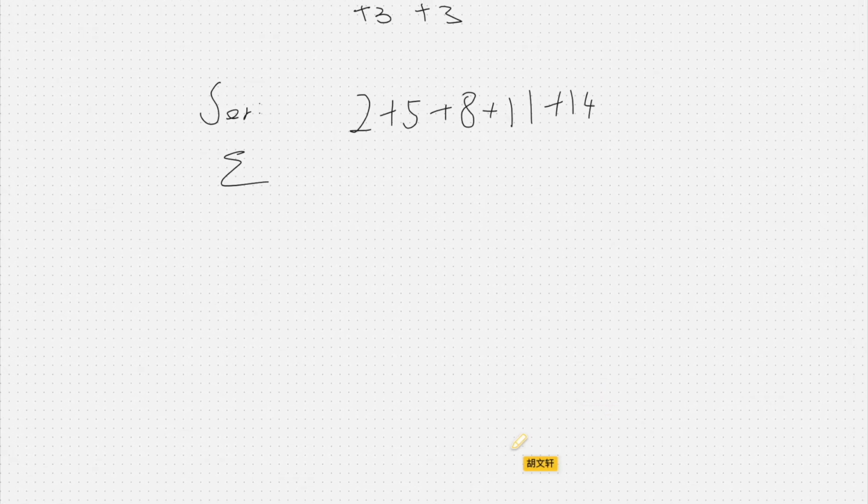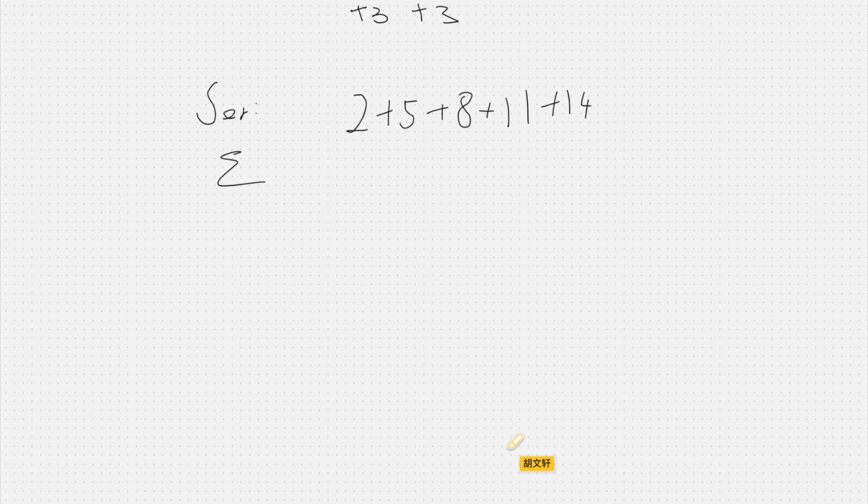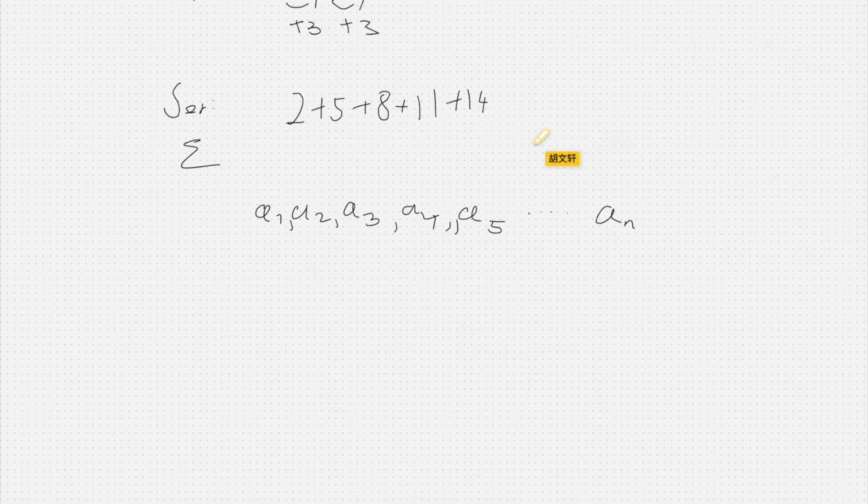Now, to talk about sequences and series more generally, we use a formal notation. Let's say a sequence can be written like this: a1, a2, a3, a4, a5, on and on until a_n. We write the numbers in subscript to indicate that they're not a power or a coefficient.